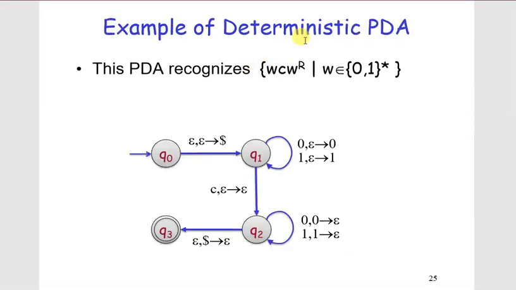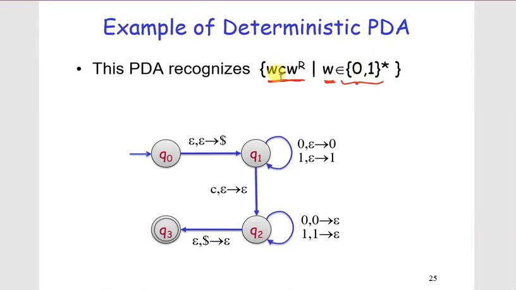This is an example of a deterministic PDA. We need to draw a PDA diagram that can recognize this language, W C W reverse, where W contains alphabet 0 or 1.